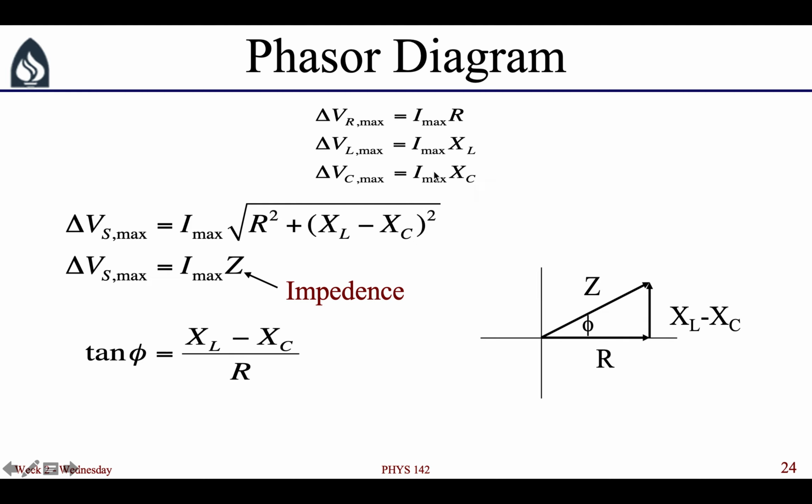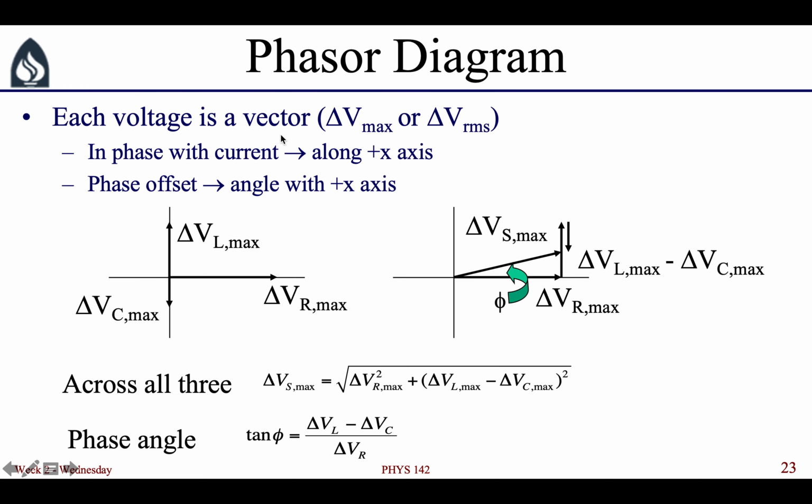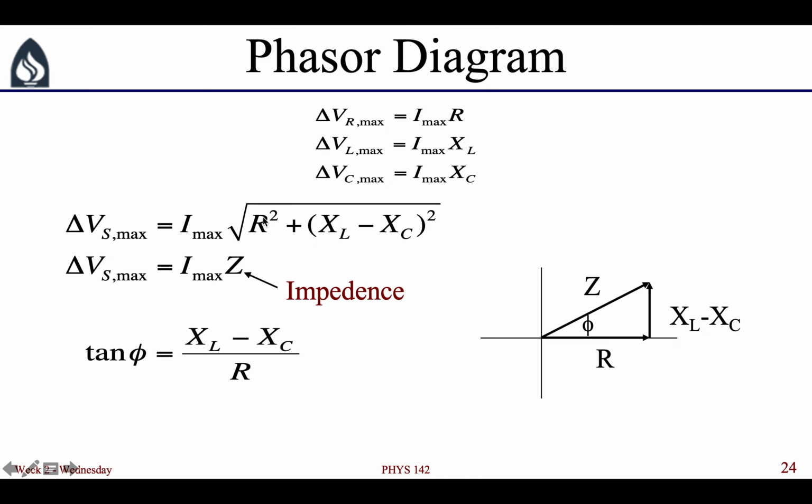What that means is we can go back to the expressions on the previous slide for finding the maximum voltage across the power supply, and replace all of those voltages with I max times either the resistance or the capacitive or inductive reactances. Then we can pull an I max out front and we get this expression. This is just another expression for finding the maximum voltage of the power supply, if you know the maximum current, the resistance, and the capacitive and inductive reactances.